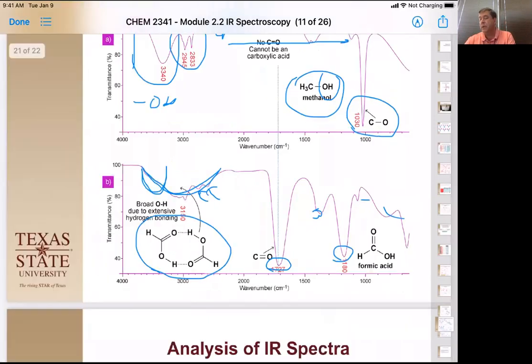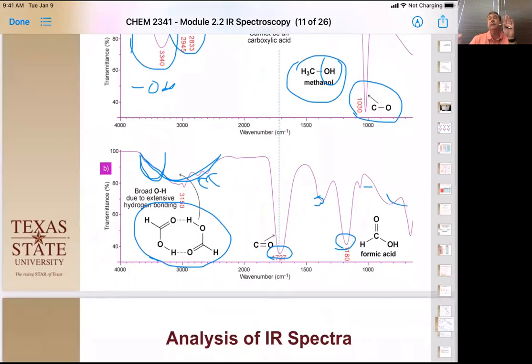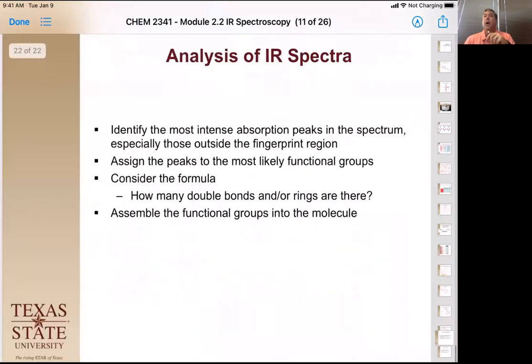All right, so that tells us we have to have a strategy for identifying compounds by IR, and we do. You want to identify the most intense absorption peaks on the spectrum first, especially those outside that fingerprint region, things above 1,000. Just because there are peaks in that 1,000 to 1,500 range, it doesn't necessarily make it easy to assign.